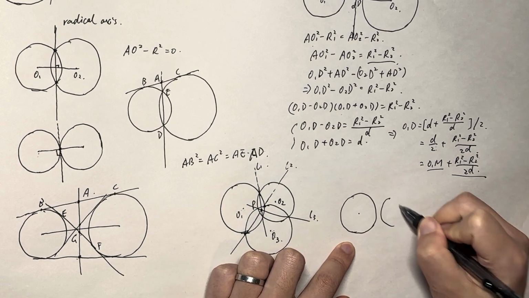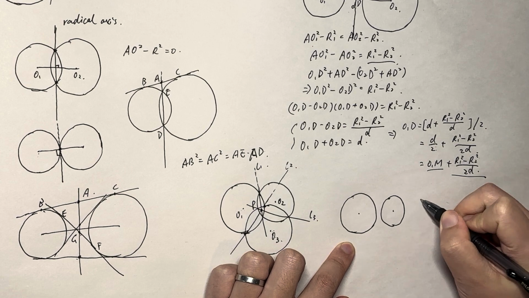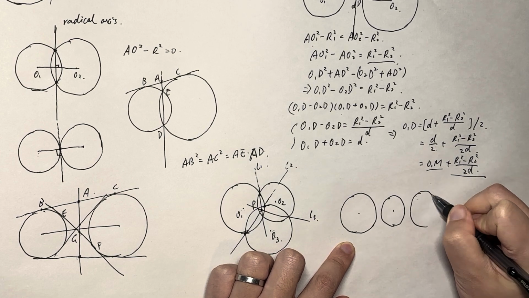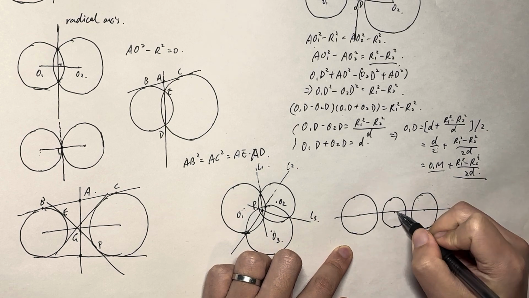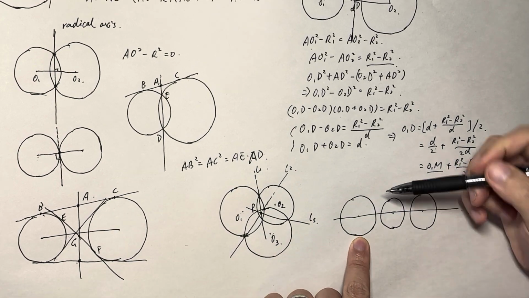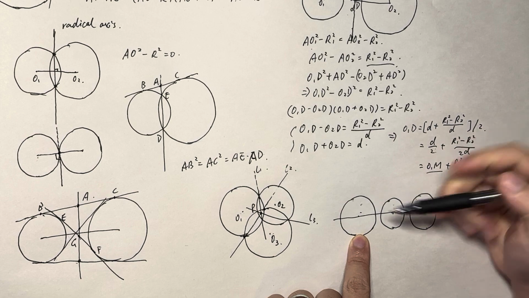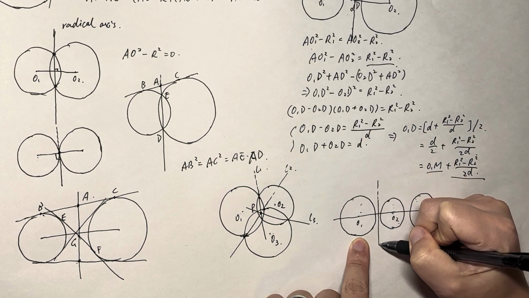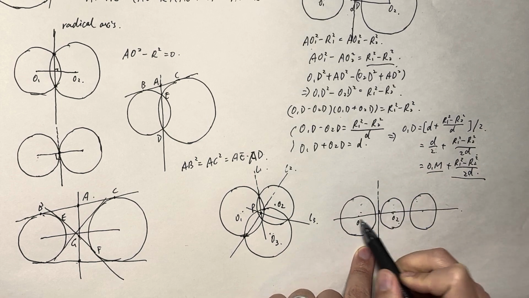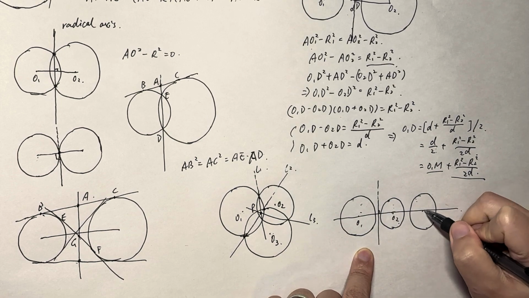And for the other case, where the centers of the circles lie on the same line, right? So we know that the radical axis between O1 and O2 must be perpendicular to O1, O2.